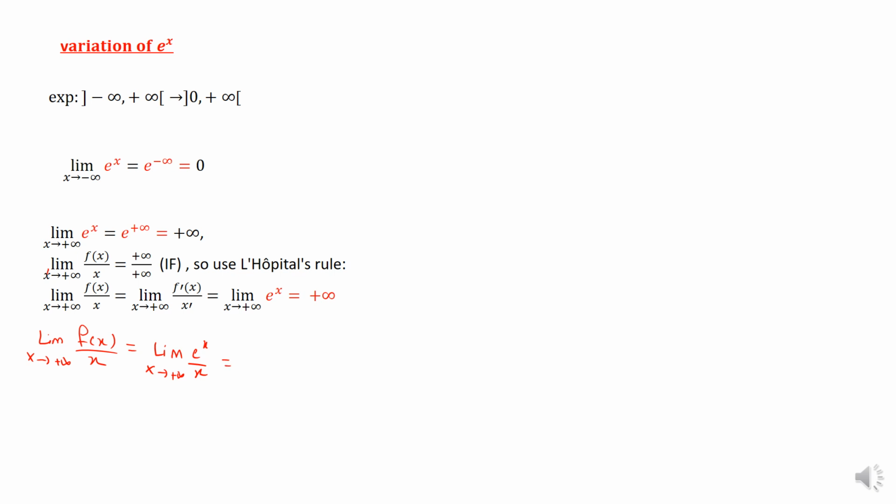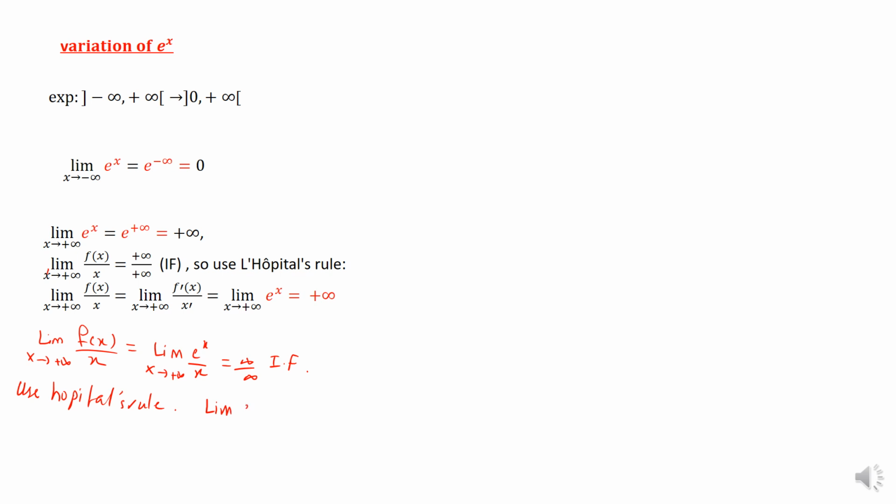So it is an infinity over infinity indeterminate form. So use L'Hopital's rule.